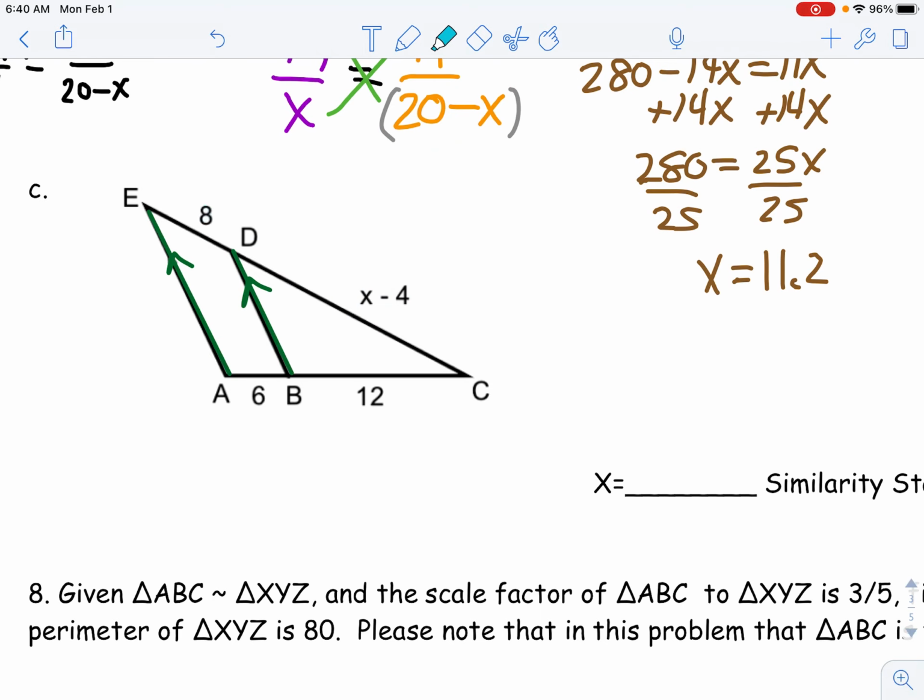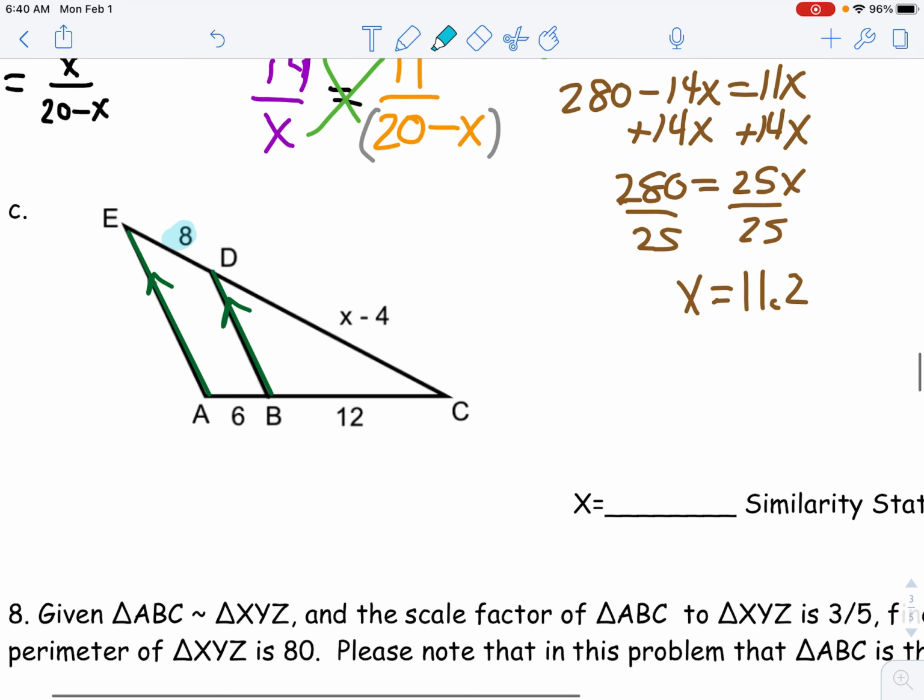All right, a bunch of ways we can say, well, 8 relates to x minus 4. That's gonna force 6 to relate to 12.